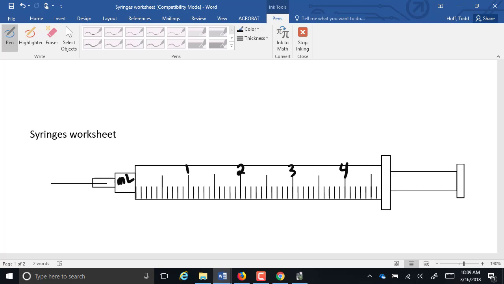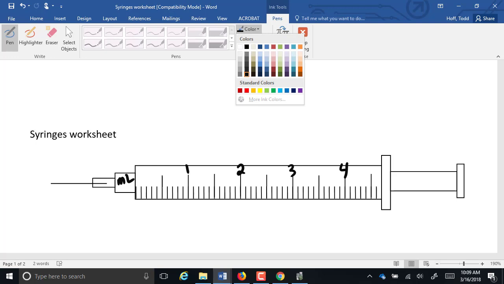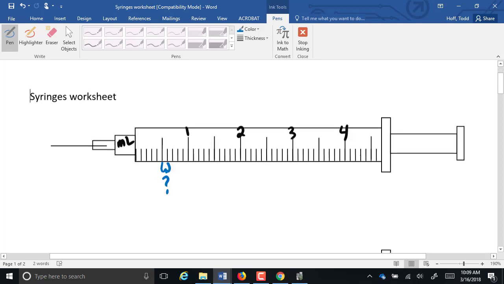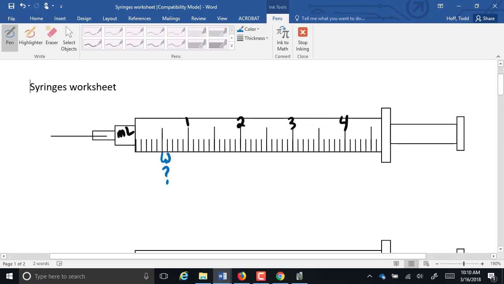So we have a worksheet of a syringe like this. If it is labeled in milliliters, 1, 2, 3, 4 like that, to read the syringe, we need to figure out what each division is. To do that, we avoid starting at the beginning of the syringe because, since it's tapered, the first couple of markings might be hard to see.